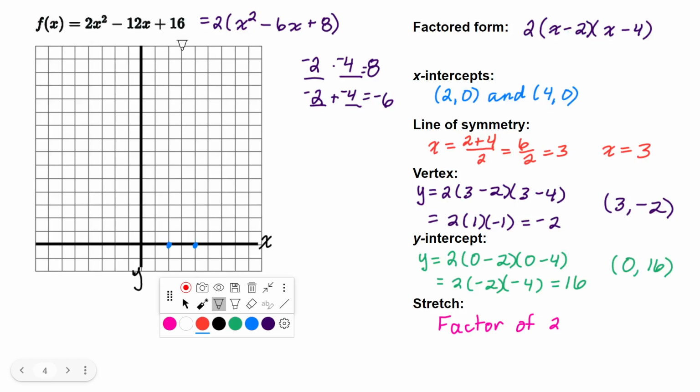My line of symmetry is at x equals 3, with the vertex being located at the point 3, negative 2. So let's see if we can fit the y-intercept on here. 1, 2, 3, 4, 5, 6, 7, 8, 9, 10, 11, 12, 13, 14, 15. It would be approximately up here.